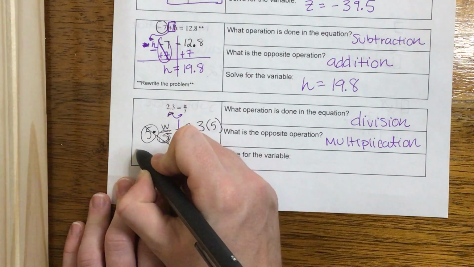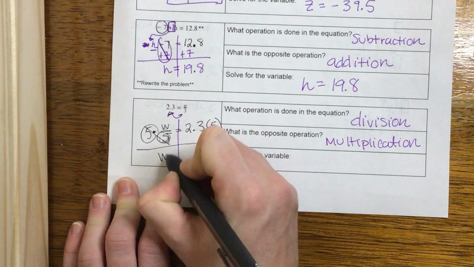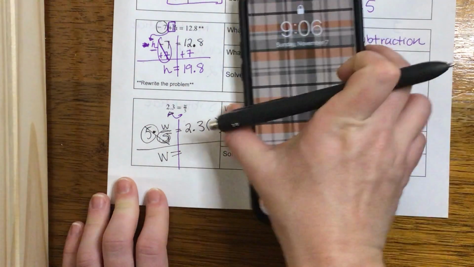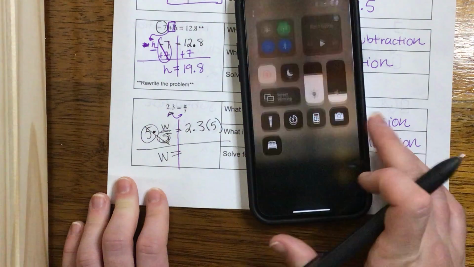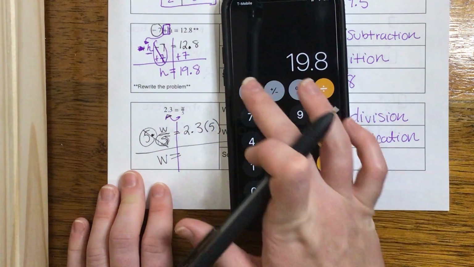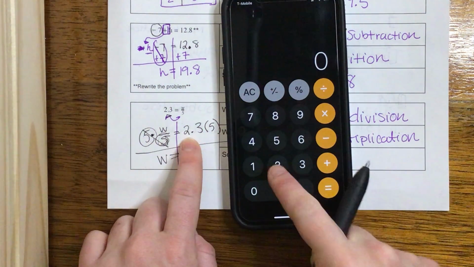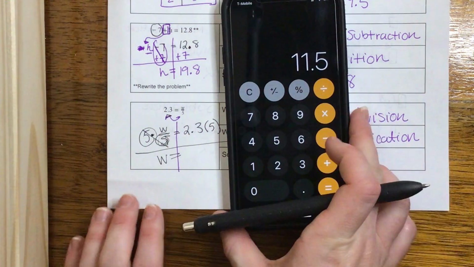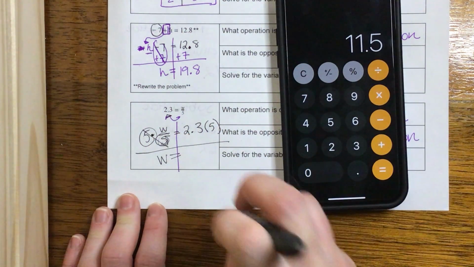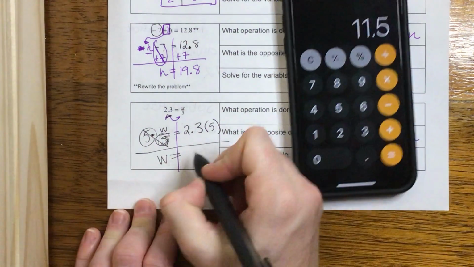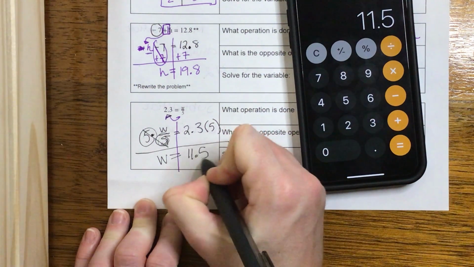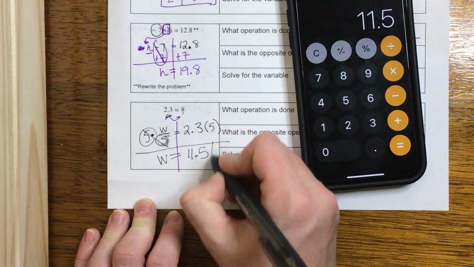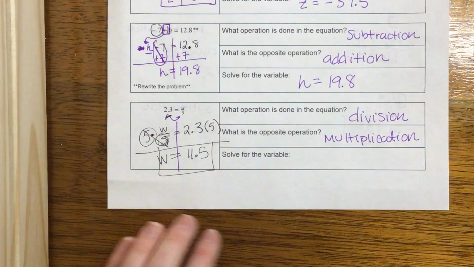They'll cancel each other out. That's with w. What I do on one side, I have to do on the other side. So 2.3 times 5 is 11.5. So I got the variable on one side and the numbers on the other side. So w equals 11.5.